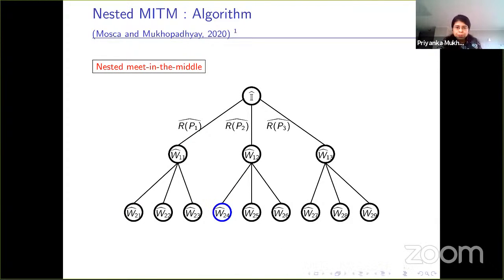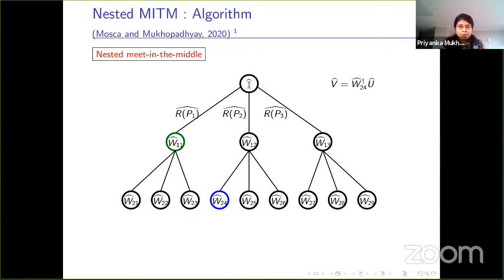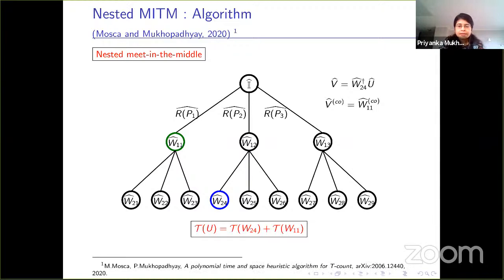So suppose we take this unitary W24 in the last level of the database which we have built, and suppose V is W24 dagger times U, and we find that W11 in the database has the coset label equal to V. Then we can say that the T count of U is the T count of W24 plus the T count of W11.